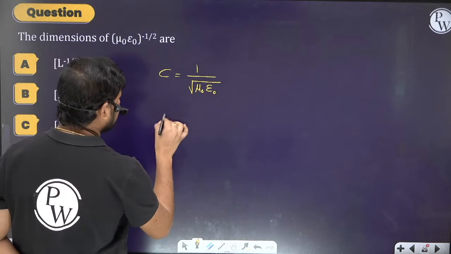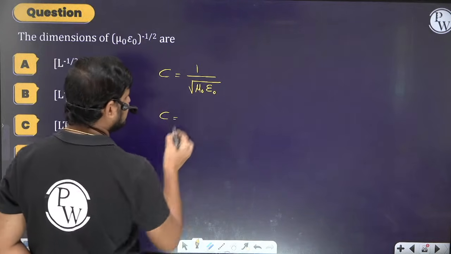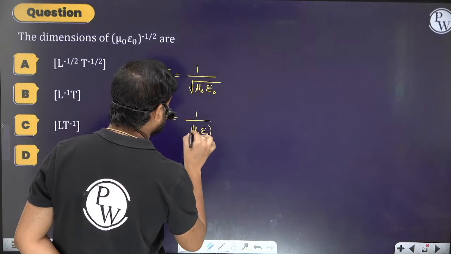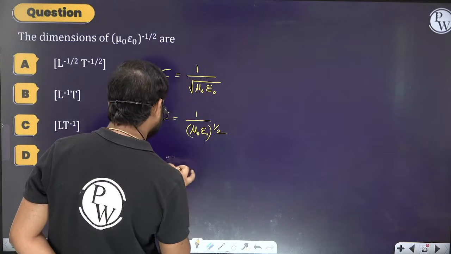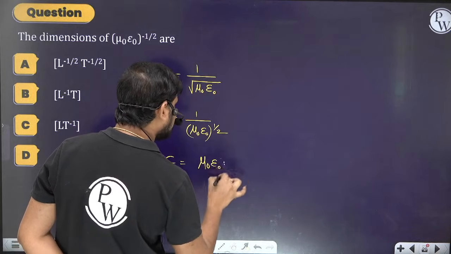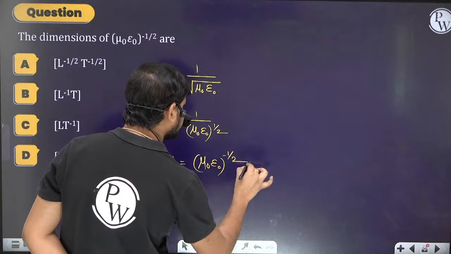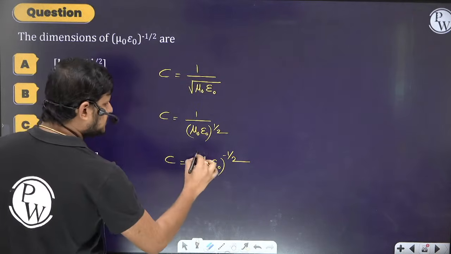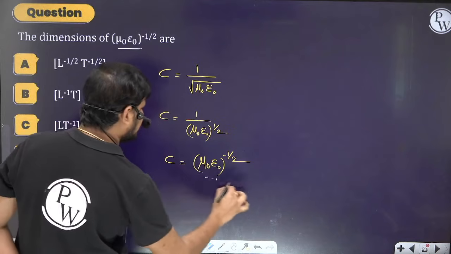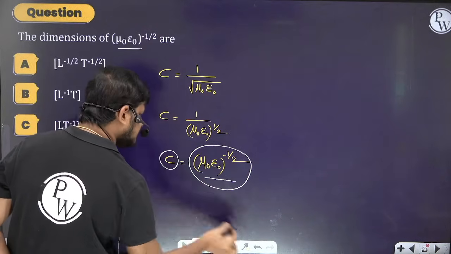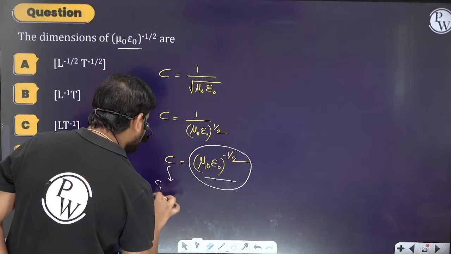So C is equal to 1 by mu naught epsilon naught whole to the power 1 by 2. Then if I send it upside, C is equal to mu naught epsilon naught whole to the power minus 1 by 2. They are asking the units of the same, so these units are equal to the units of C. What is C? Speed of light.